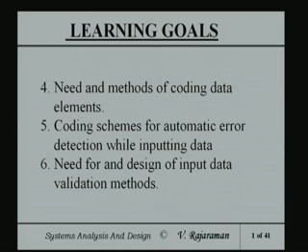Need and methods of how to code data elements, particularly key data elements. Why do we code it? And what are the coding schemes which are there for automatic detection of errors, because detection of errors while you enter a key code is extremely important, and if any mistake is made in the entry of a key code, that can lead to havoc in terms of the rest of the system.